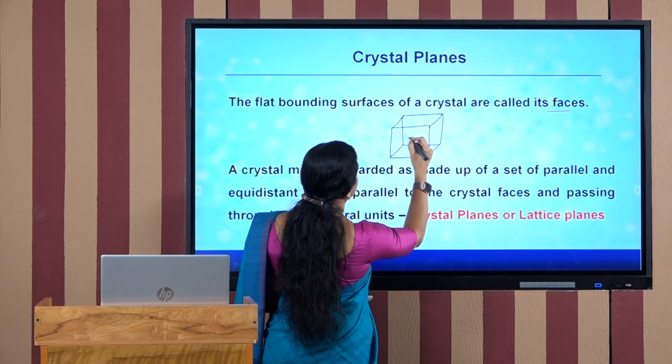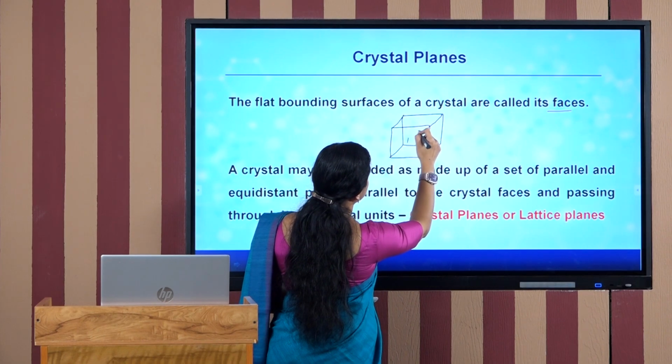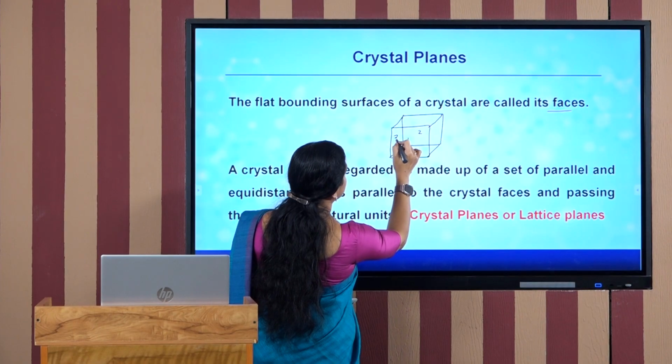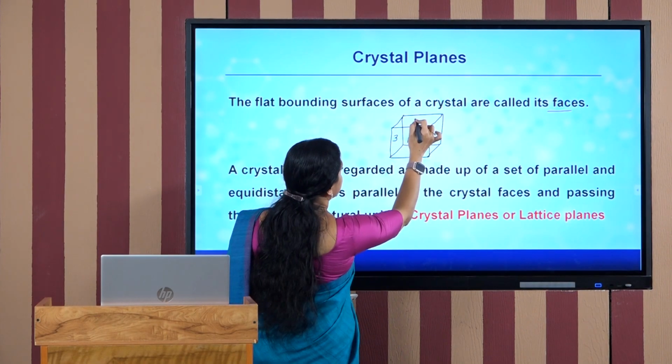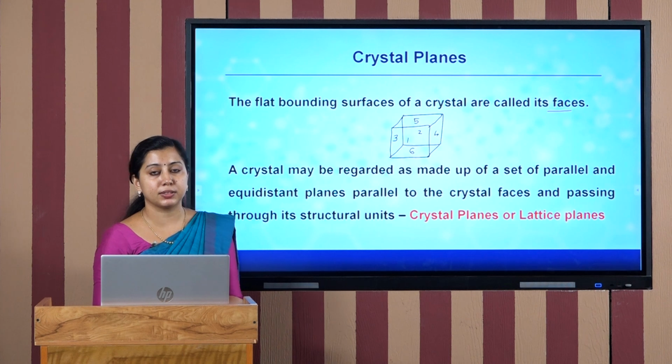The front part, we have this face 1, and on the back we have face 2. Now, on the sides, this is one face and this is another face. The next faces are one on top and one on bottom. So, in total there are 6 faces for a cube. Such flat bounding surfaces are called faces.